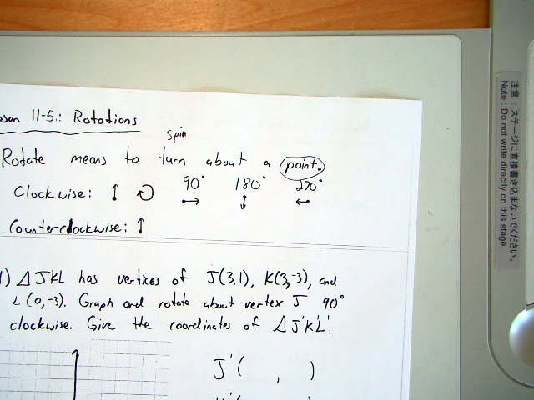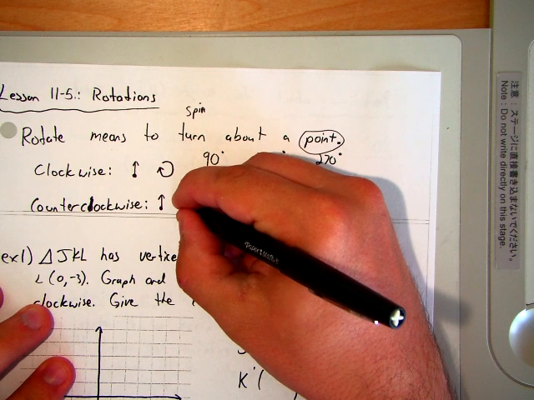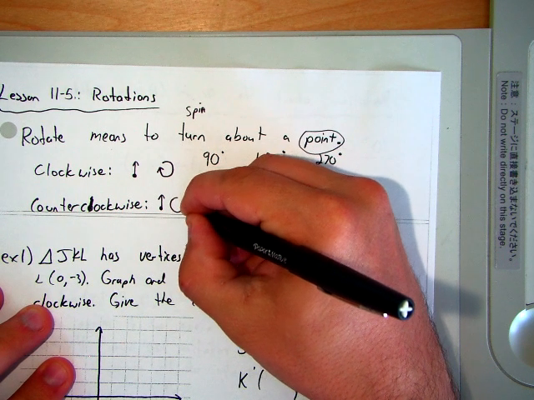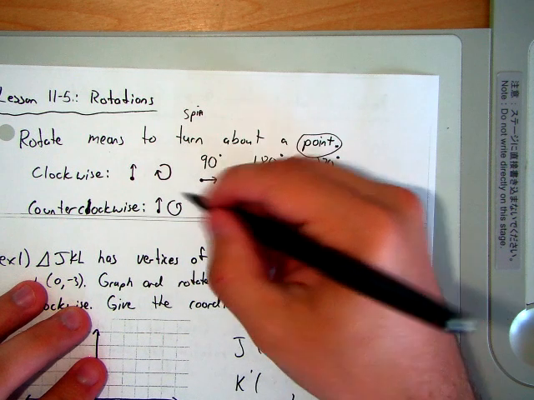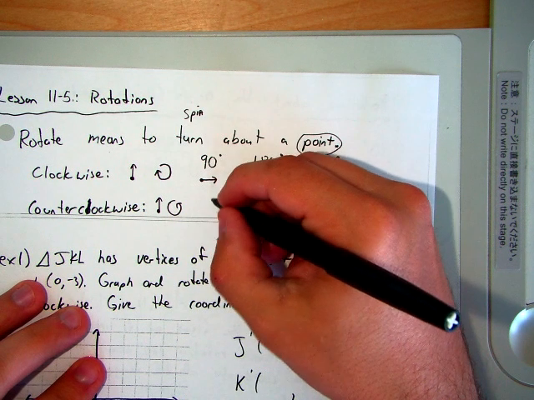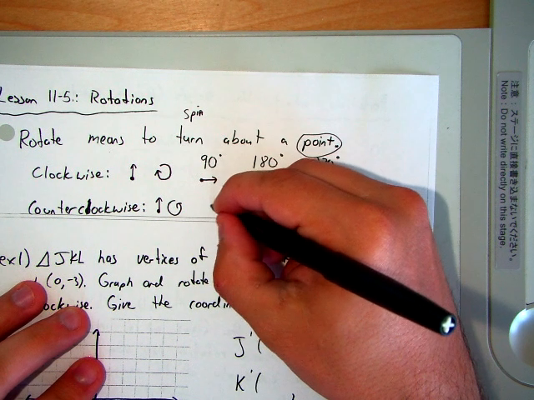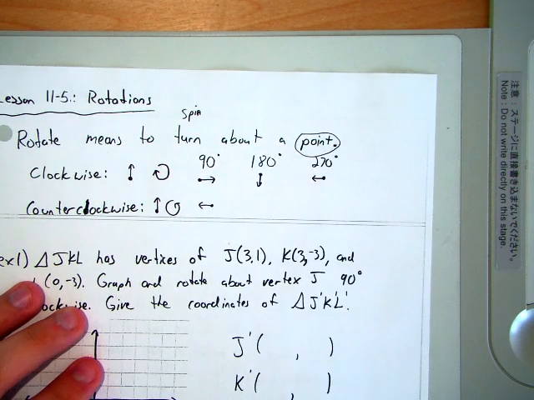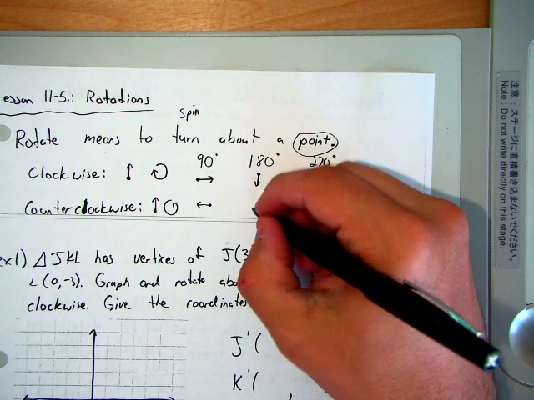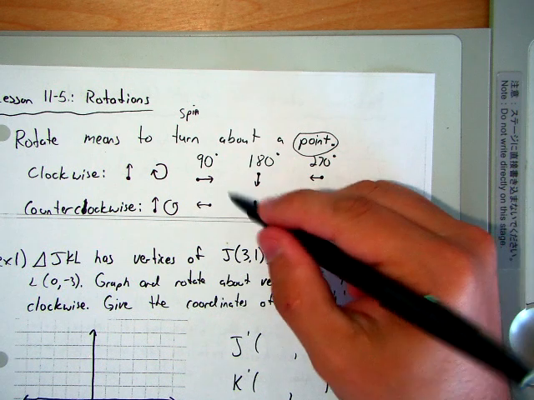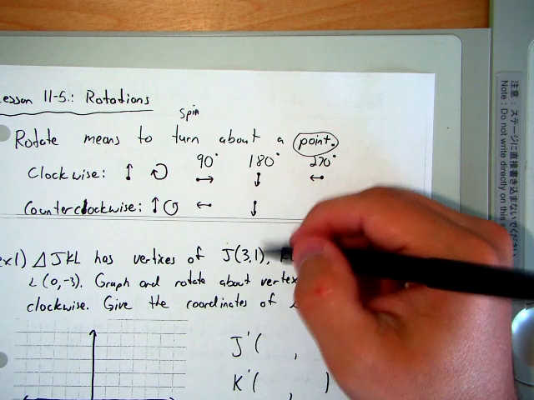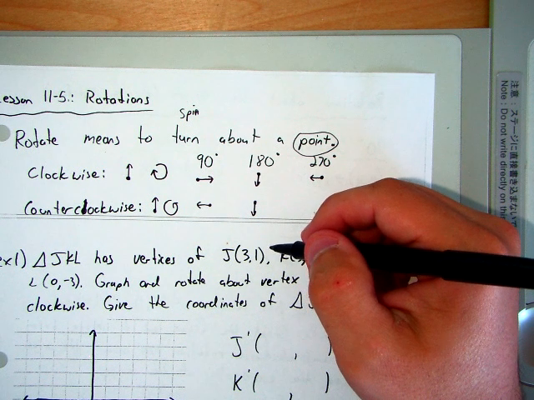Now, if we do counterclockwise, that's the opposite direction, which means that it's going to be going in this direction. So if I move a 90-degree counterclockwise, instead of pointing to the right, we're going to be having it point to the left. 180 degrees is still going to be pointing down because regardless if you make a right turn or a left turn, turning all the way around would be pointing in still the opposite direction.